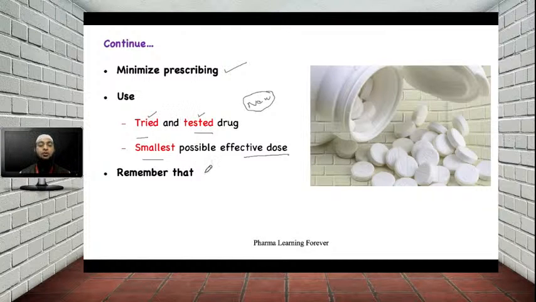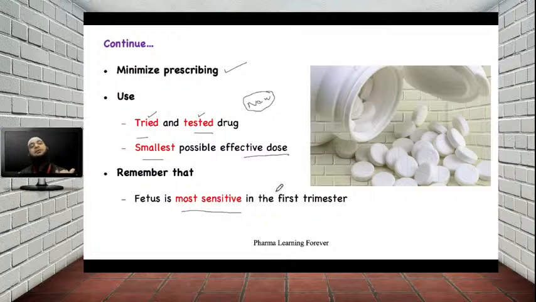But in addition to that, you must remember that the fetus is most sensitive in the first trimester. We have seen what those stages are in the first trimester. The first stage is fertilization. The second stage is organogenesis, which occurs up to about the fourth week, and the third stage, fetogenesis, also comes in the first trimester.